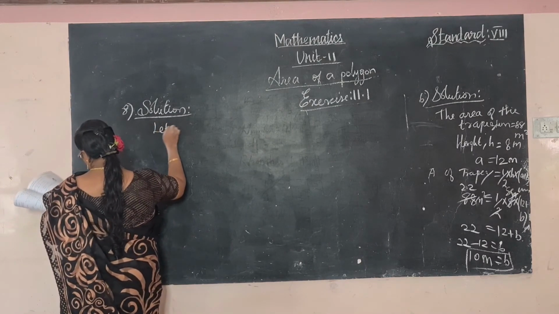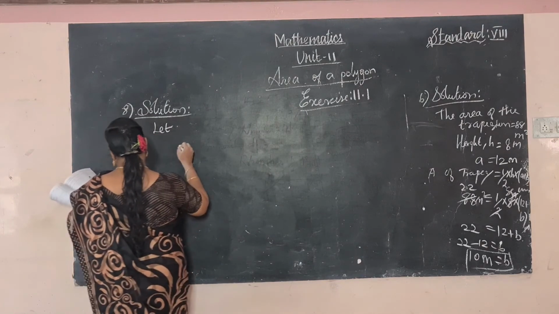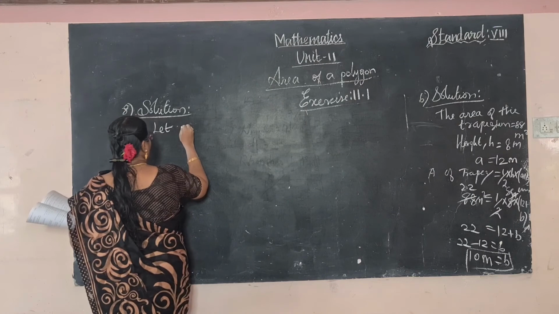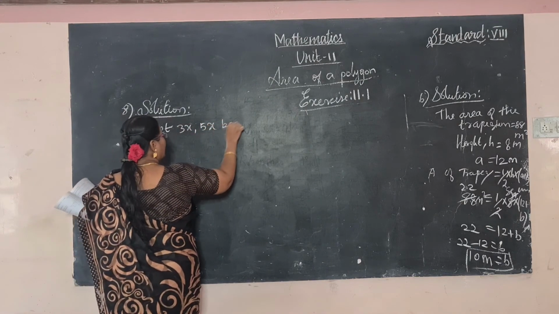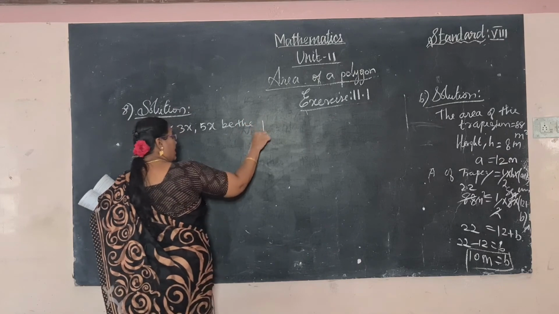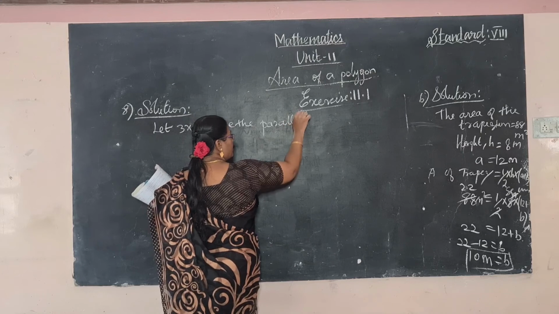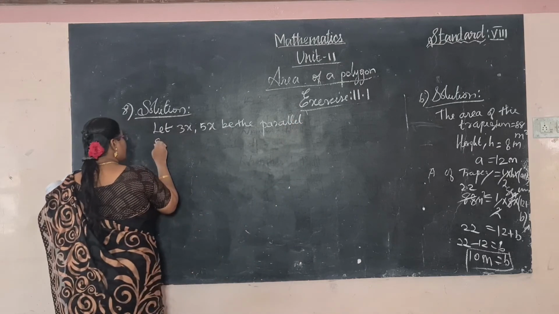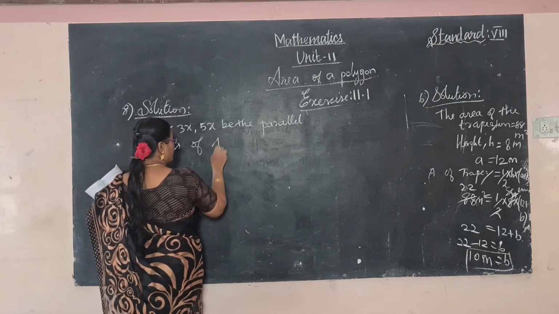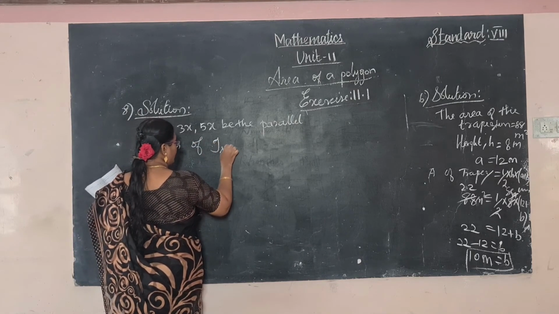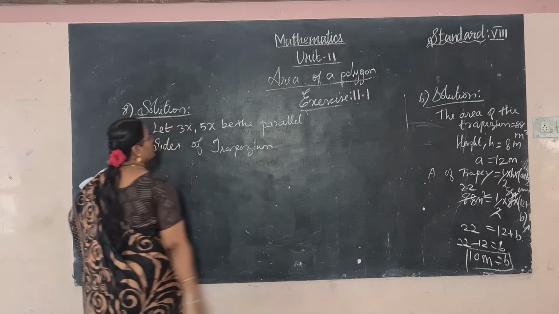Let 3x and 5x be the parallel sides of the trapezium.